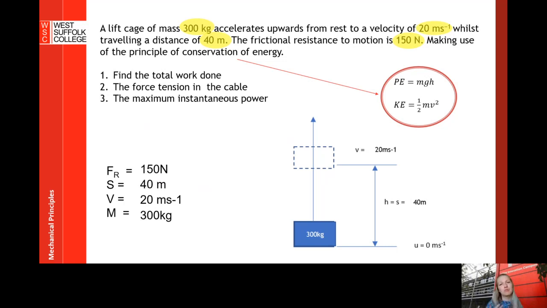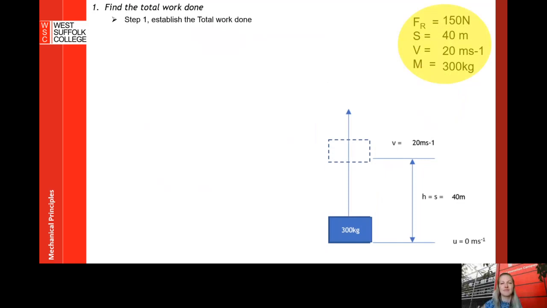So I have broken this question into three parts. The first part, we are going to find the total work done of our cage. So to do this, we're going to establish the work done in different steps.